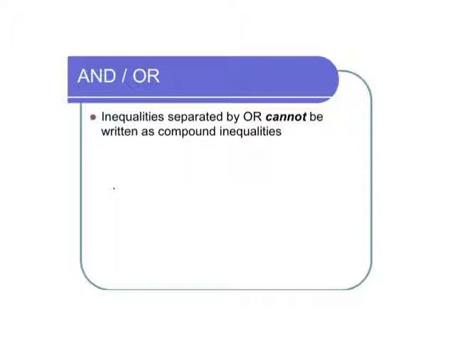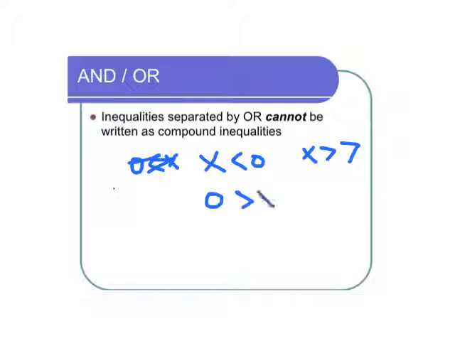One word of warning, or graphs cannot be written as sandwich inequalities. You might think that you could, because, well, let's try. 0 is less than x, and, no, what was it? It was x has to be less than 0, and x has to be greater than 7. And if I reflected this, I could get 0 is greater than x, and then x is greater than 7.